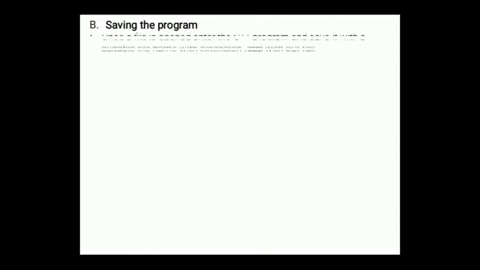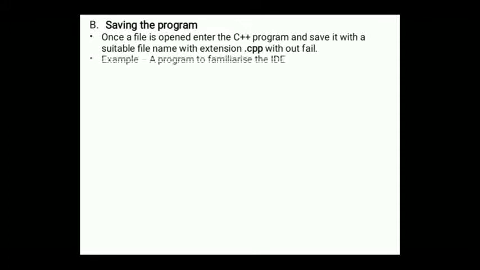And how to save a program? Once a file is opened and a C++ program entered, save the file with a suitable name and with the extension .cpp. All C++ programs are saved with the file extension .cpp.